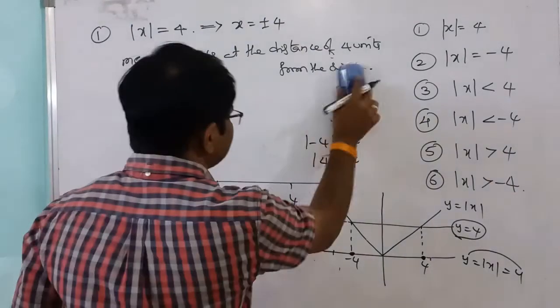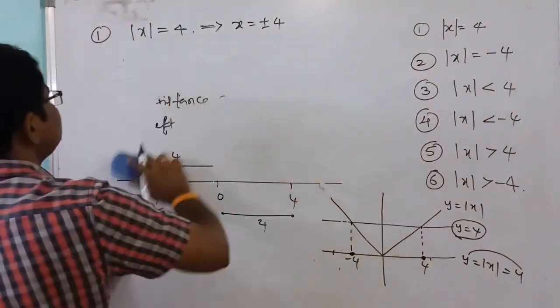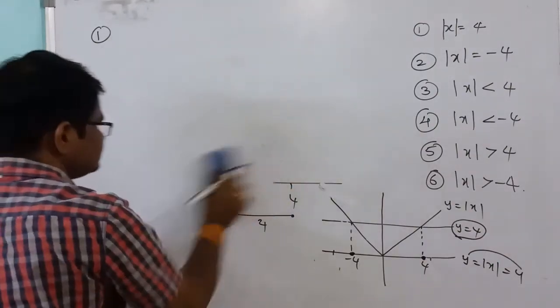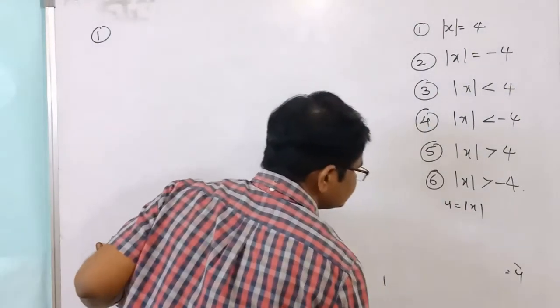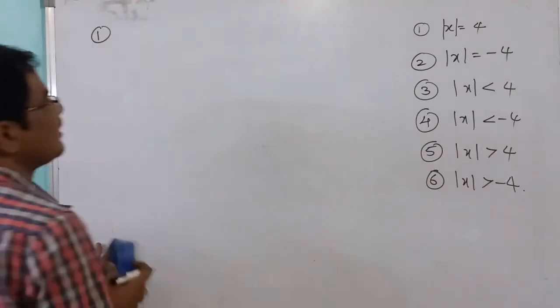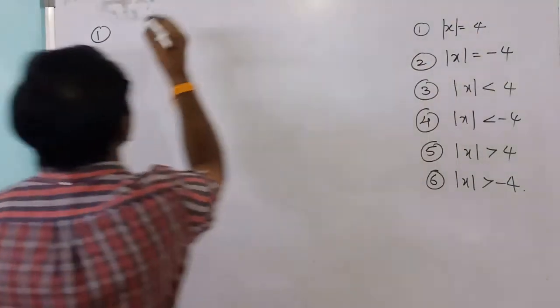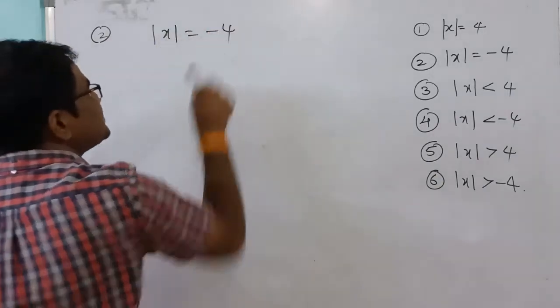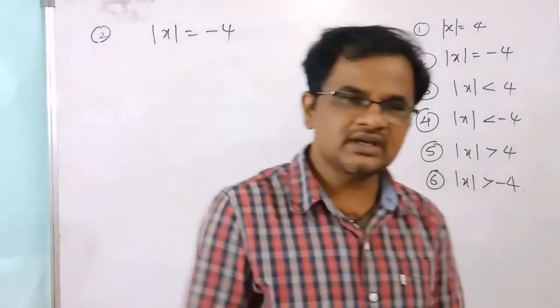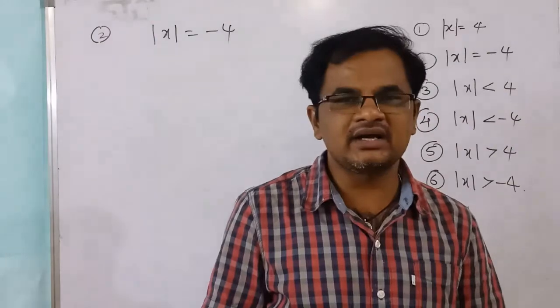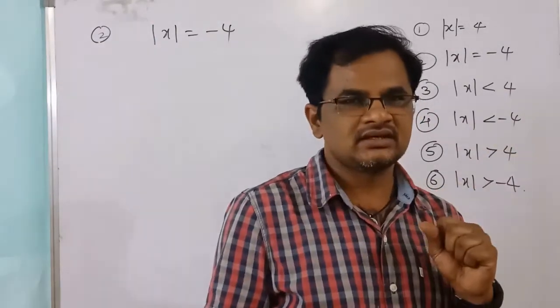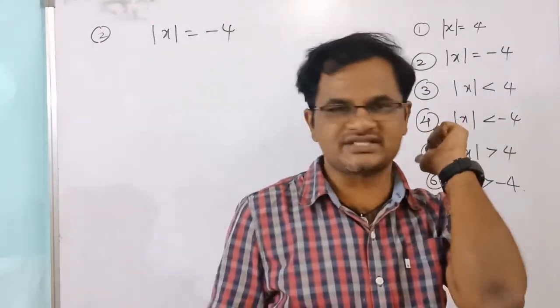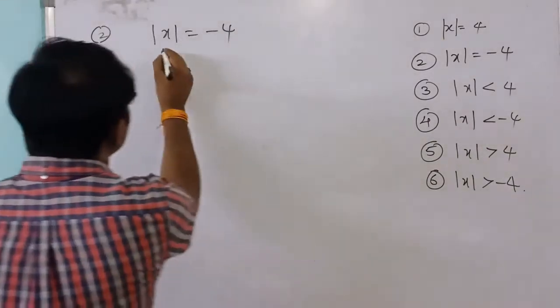Next, second one. Second one is mod x equal to minus 4. Observe, mod x is nothing but a distance which is measured from the origin, which means greater than or equal to 0.